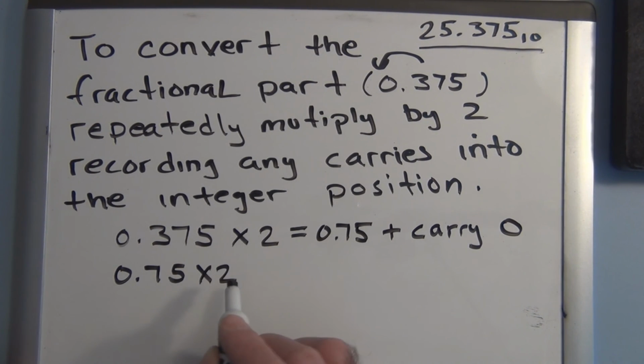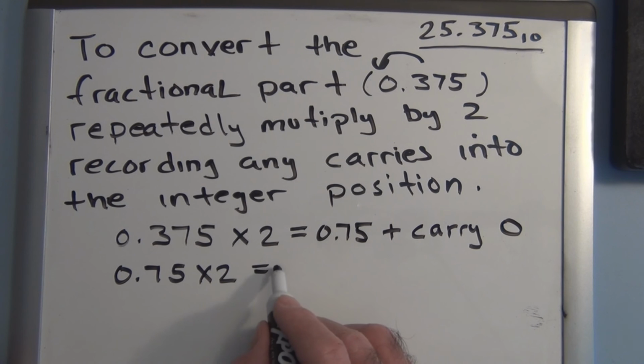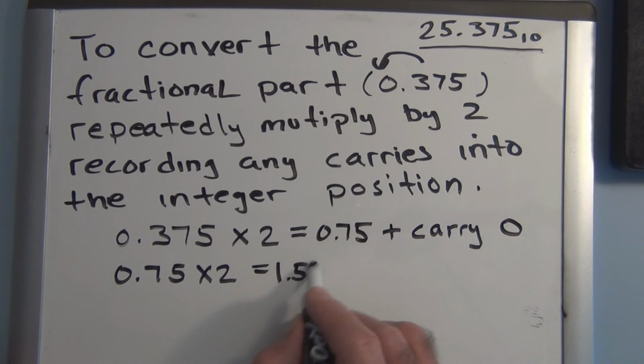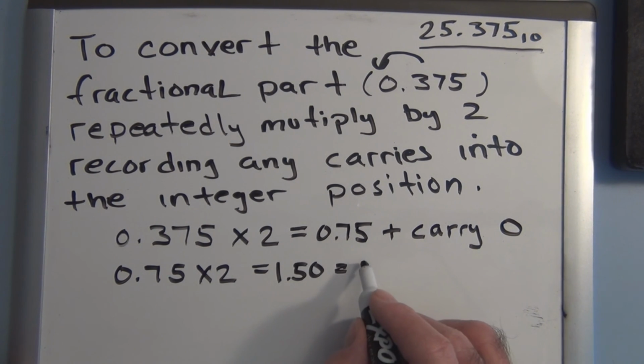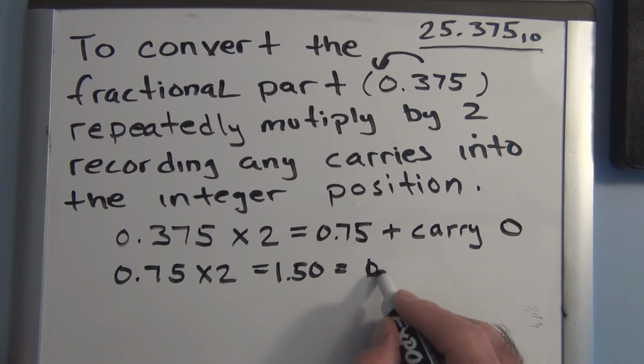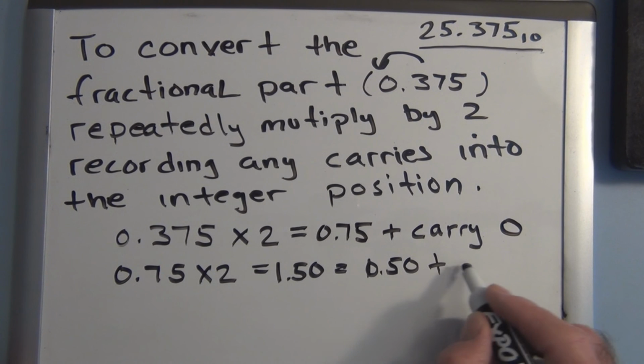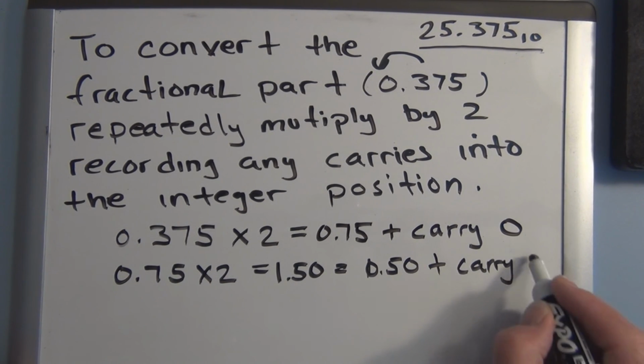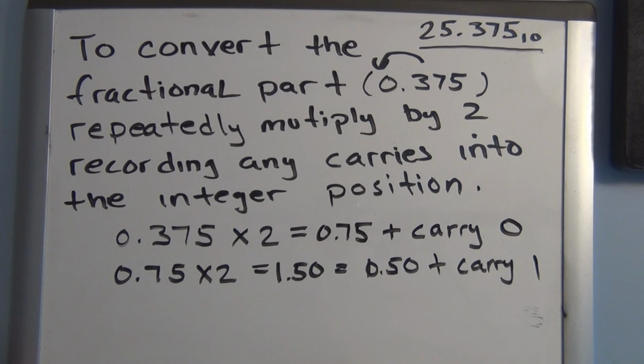So now we have 0.75 times 2, which will give us 1.5. So if we break that up, 1.5 equals 0.5 plus the carry of 1. So we're making note of the carry, and then we just retain the fractional portion.